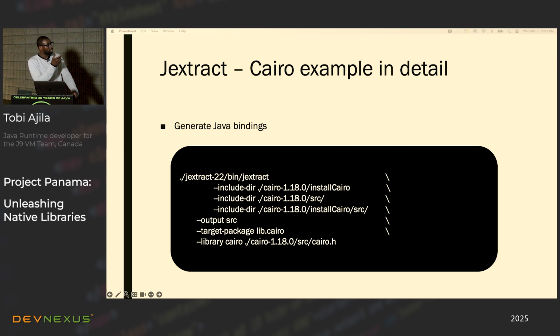That includes, similar to if you're compiling a file, the include path, like your -I. And then the library command at the bottom is the actual header that you want to generate the bindings for. I will show you an example of what this looks like.